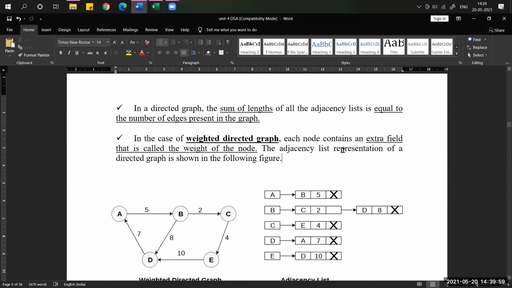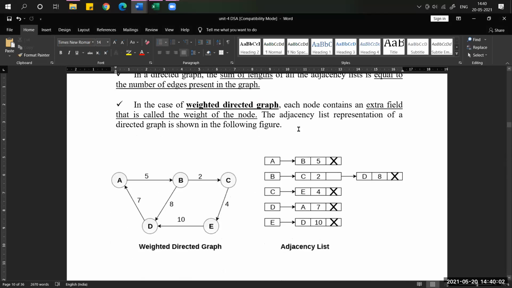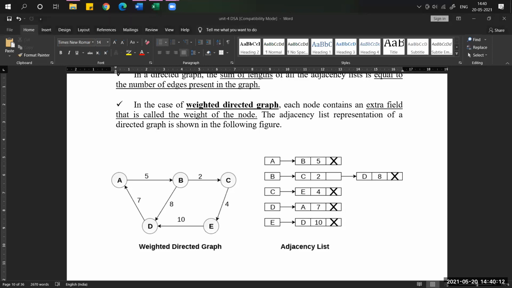But if you take a weighted directed graph, every node has three fields. What is the extra field? The weight. So one is the vertex name, next is the weighted value, and the next field is the next node address. If there is no next node, we just set it as null. So this is the weighted directed graph.